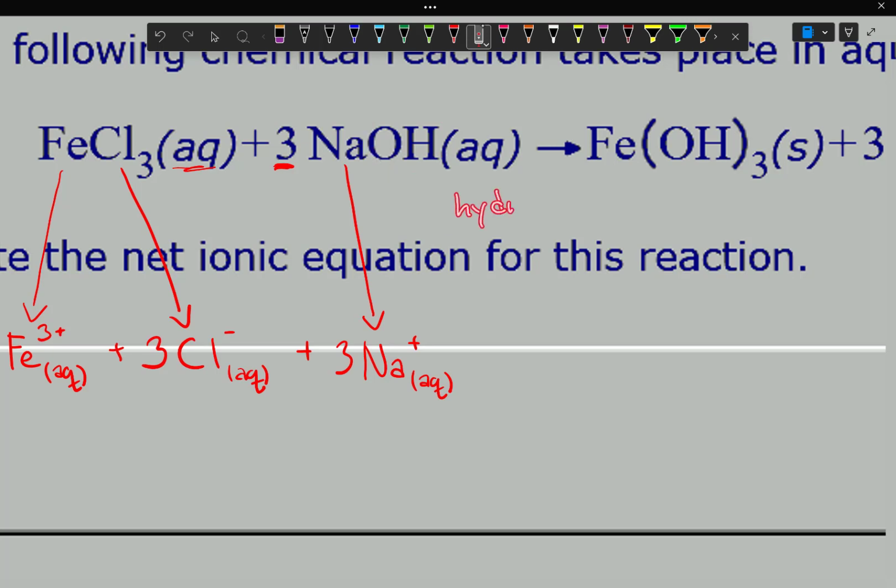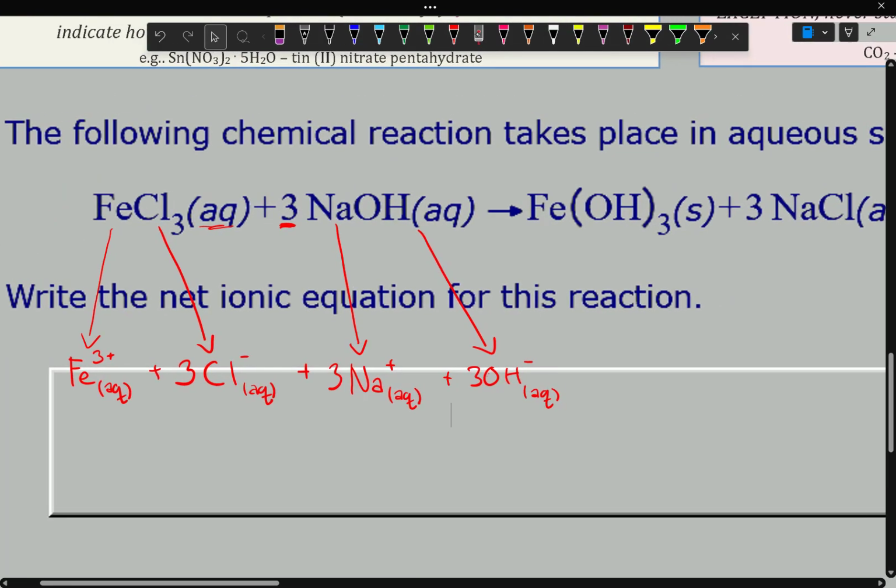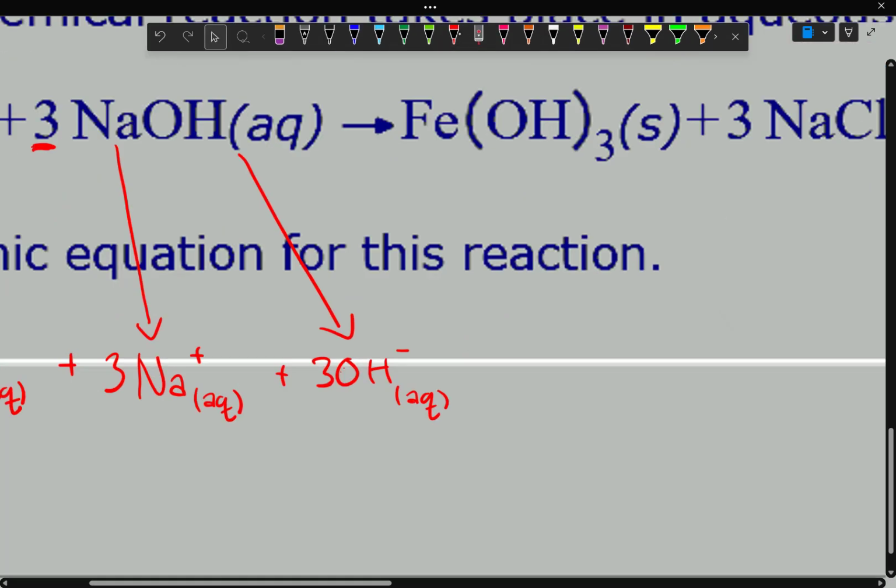This is hydroxide. Now, we know hydroxide has a charge of -1. So we will write that down here. Hydroxide, -1. It is aqueous, and there are 3 of them. Notice this coefficient gets split to both the cation and anion. So that's the left side of our equation.